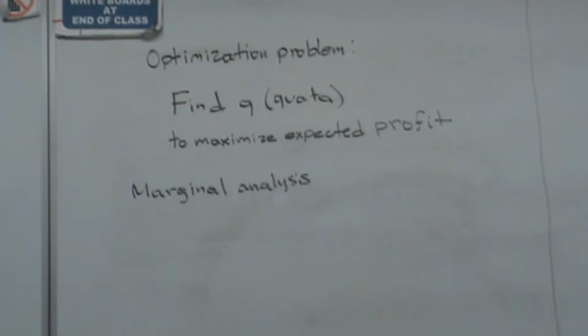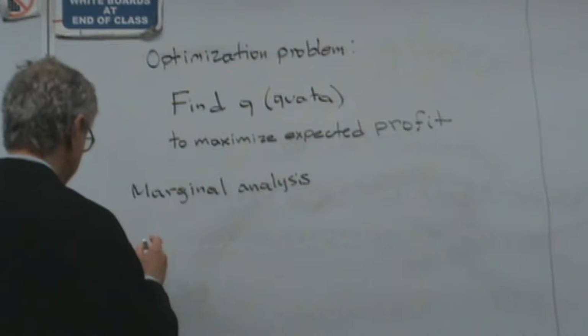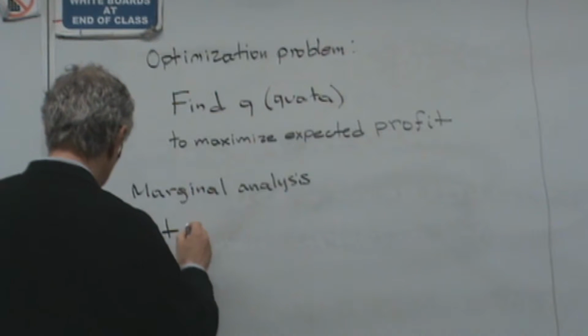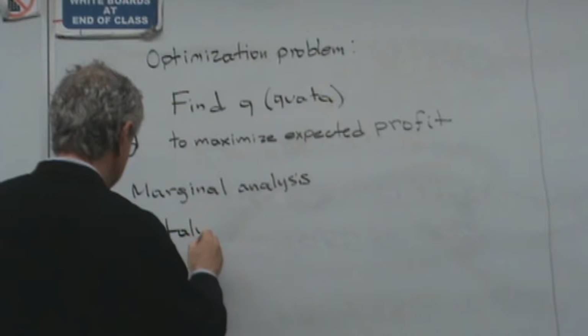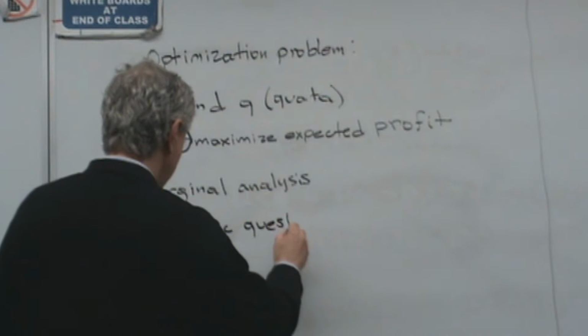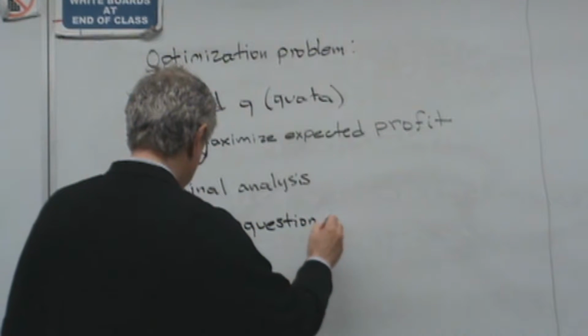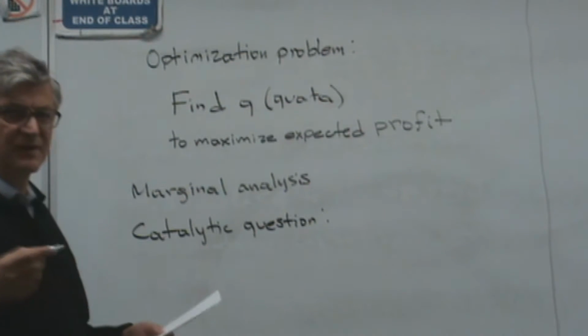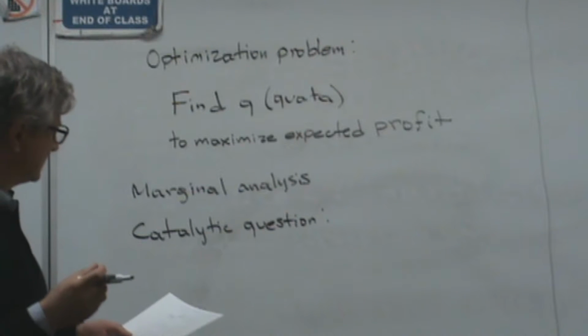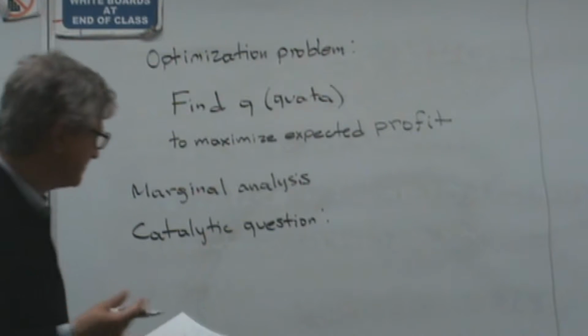So the catalytic question: what happens to the profit if I'm at a particular number of reservations and I increase it by 1?